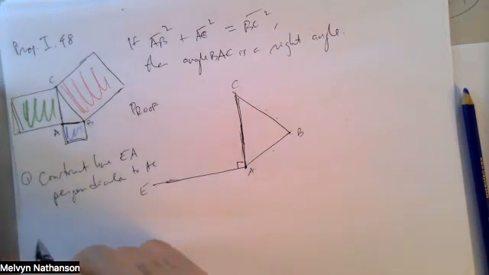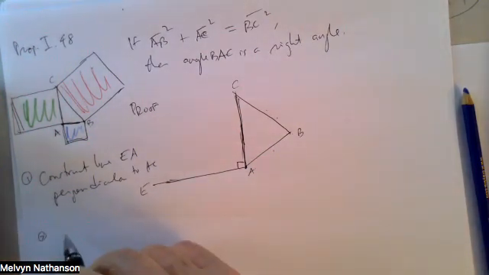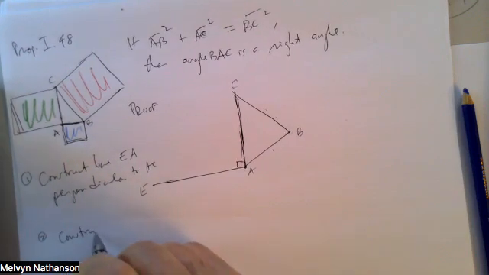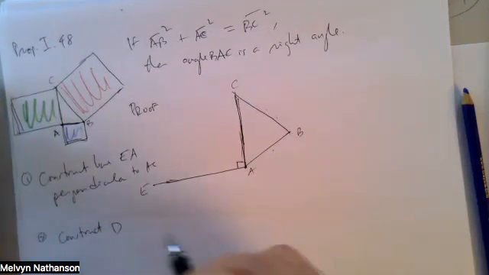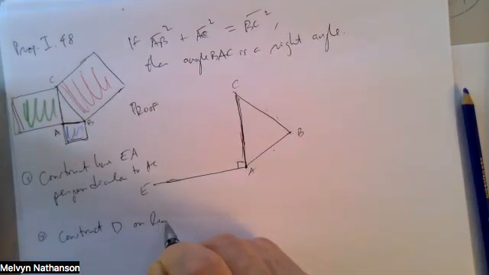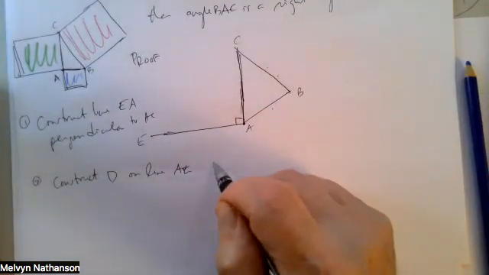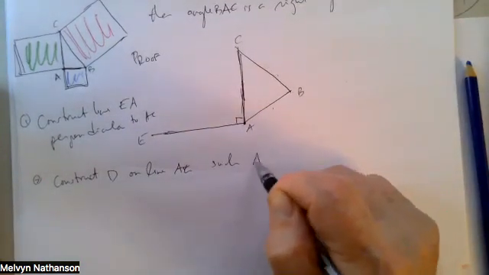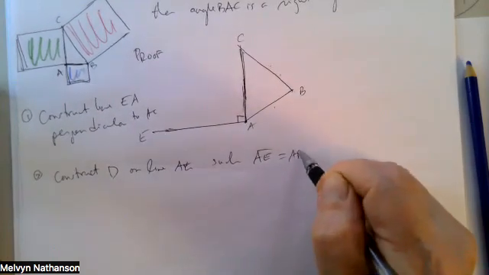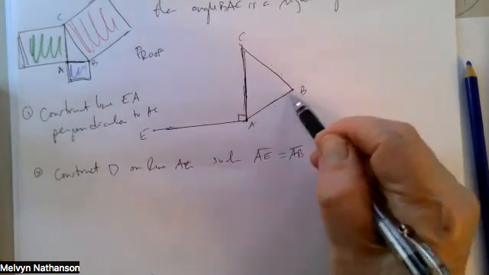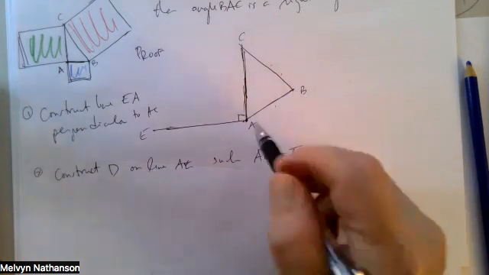Construct this perpendicular. Step two, construct the point D on the line AE such that AE and AB have the same length. So I have this line AB, which is part of my triangle.